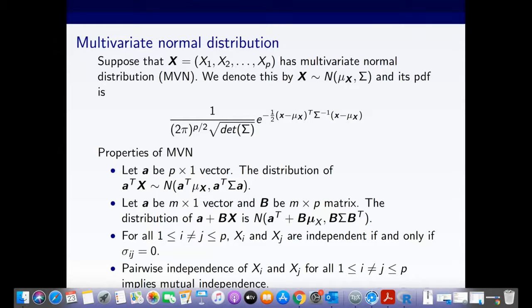Okay, so you think that it should be what? What's the dimension? You think the dimension is 1 by p?